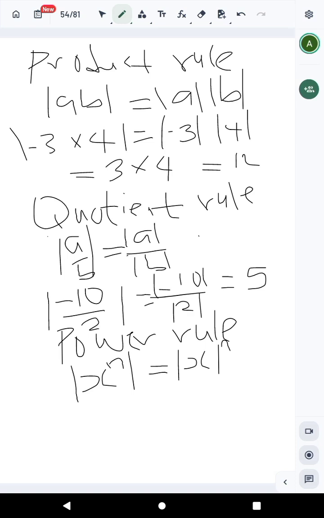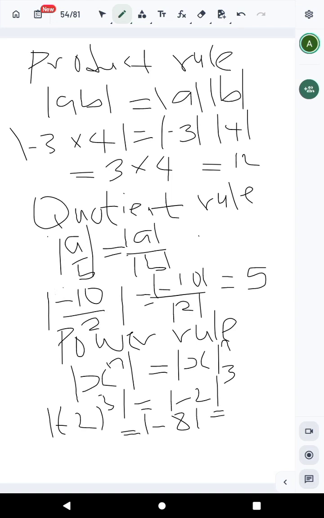So if we have absolute value of minus 2 raised to the power of 3, it is going to be equal to absolute value of minus 2, and we have our 3 outside here. So here absolute value of minus 2 raised to the power of 3 is going to be equal to absolute value of minus 8, which is 8.